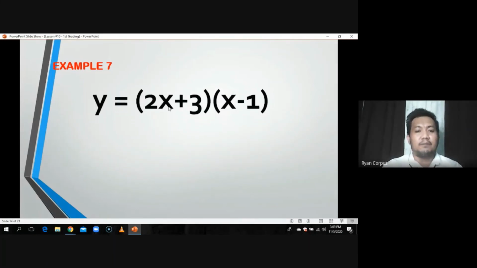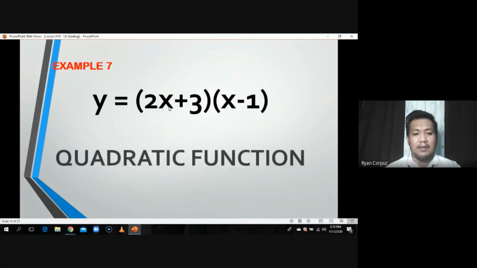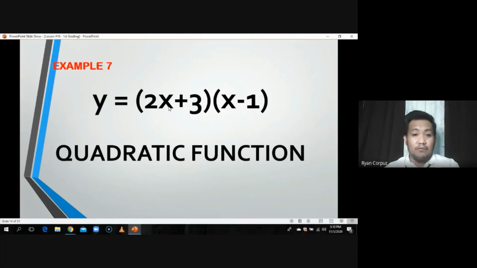Example number 7. Y is equal to the quantity of 2x plus 3 times the quantity of x minus 1. Quadratic function or not quadratic function? If you're going to analyze it more clearly, you'll find out that it is quadratic function. Bakit quadratic function? Diba, when we discuss quadratic equation, there are equations which are transformable to quadratic equations.